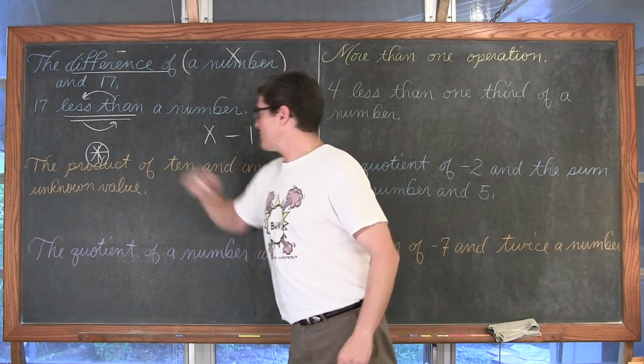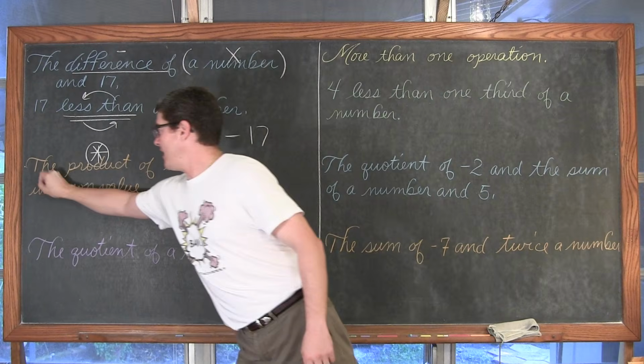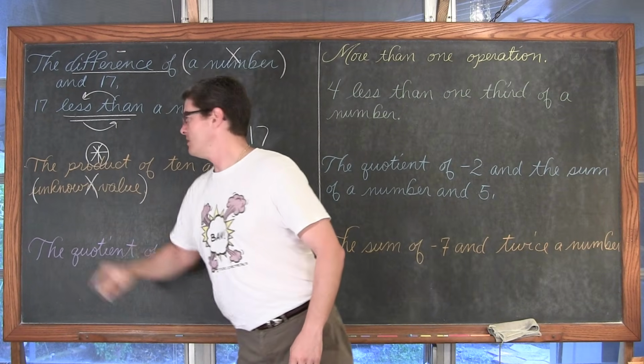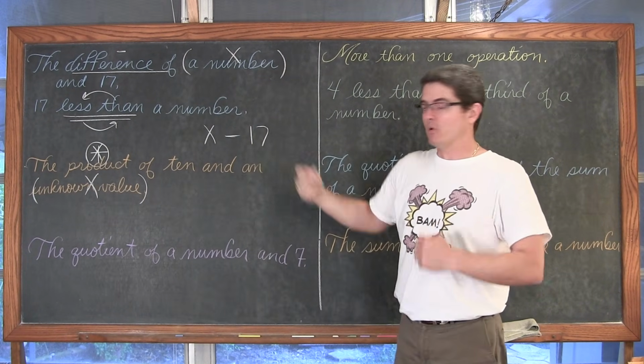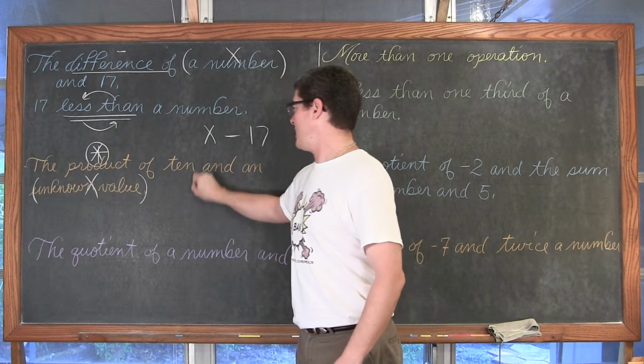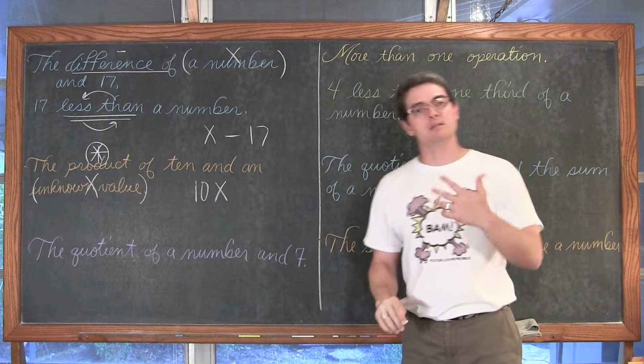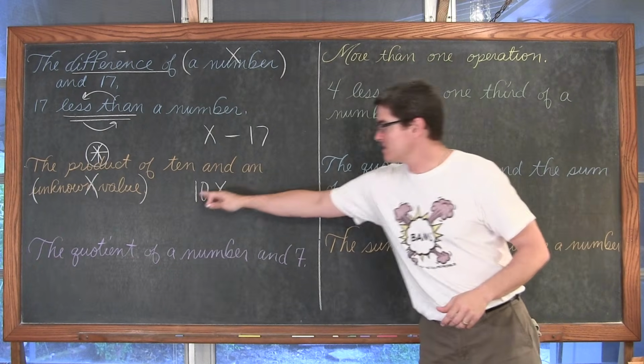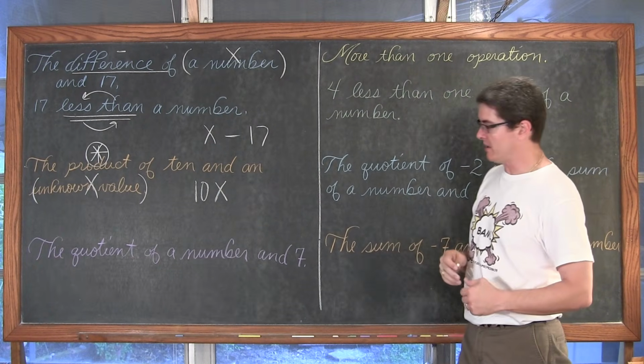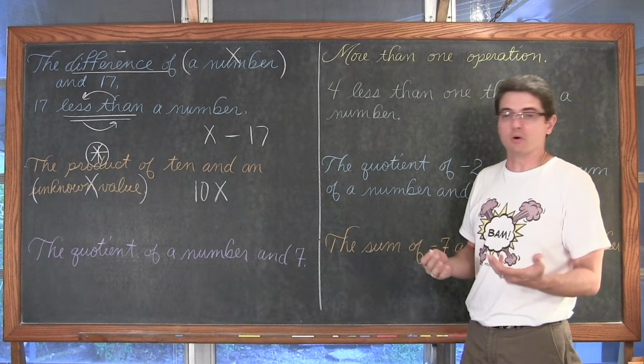So we're going to multiply 10 and an unknown value. And that unknown value, another way of saying a number, is your unknown value. So we're going to do 10 times x, or you can write 10 times y, 10 times z, 10 times a. It's 10 times that variable, which is a letter representing an unknown value, an unknown number.